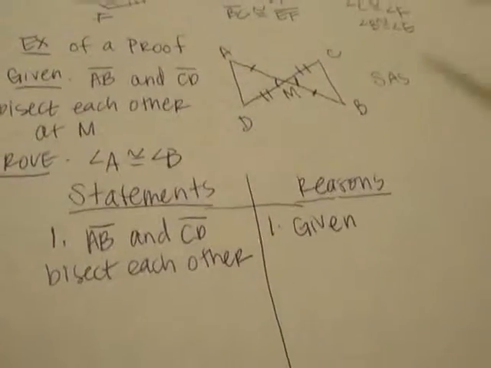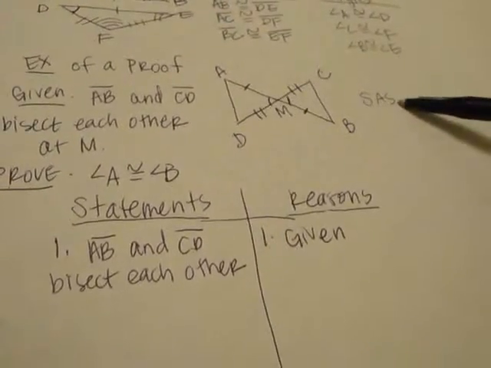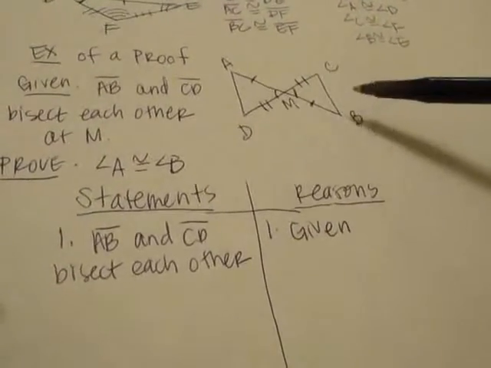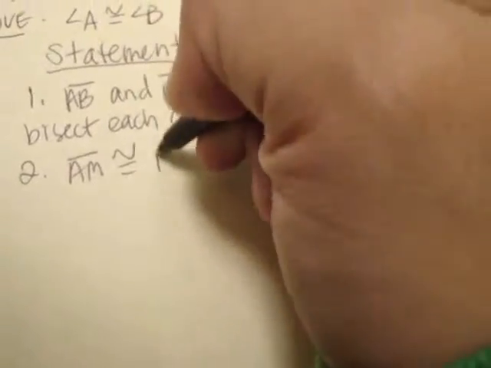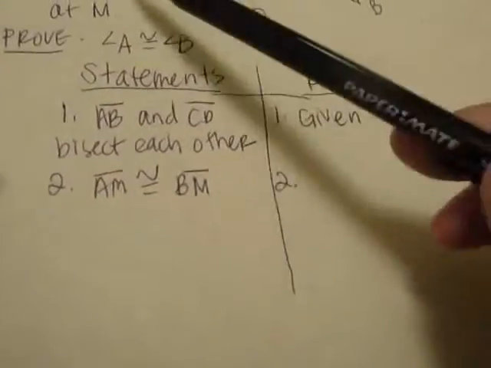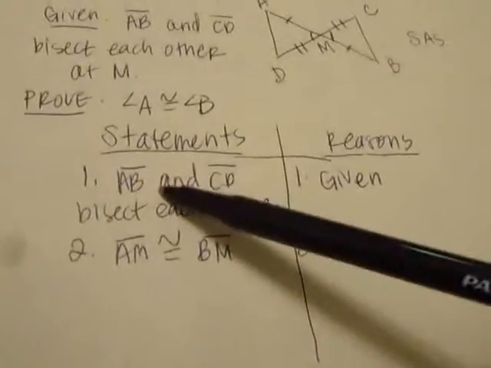And now we want to start building up our case for side, angle, side. I'm going to start off with the first sides that are congruent right here. And I know that AM is congruent to BM. The reason why I know this is because it goes back to what's given.